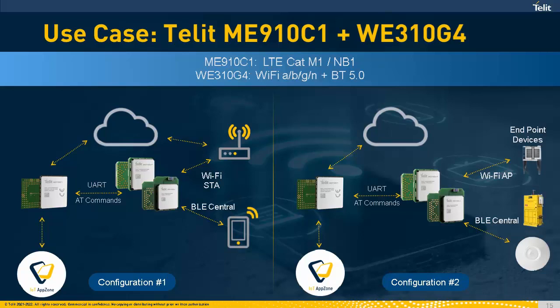On the right, there is another possible configuration of this bundle of devices, where only the ME910C1 will have internet or cloud connectivity, whereas the EE310G4 will work only on the local network, offering access point to local endpoint devices via Wi-Fi or Bluetooth.